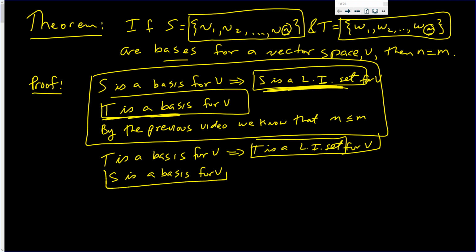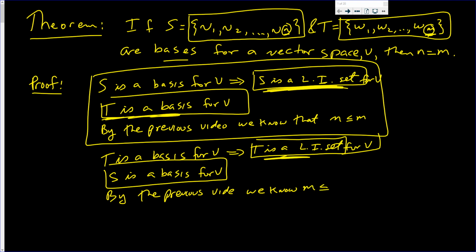And S is a basis for V. By the previous video, we know that the number of elements in the linearly independent set T, which is m, has to be no bigger than the number of vectors in S, a basis. And that number of elements is n. Okay.